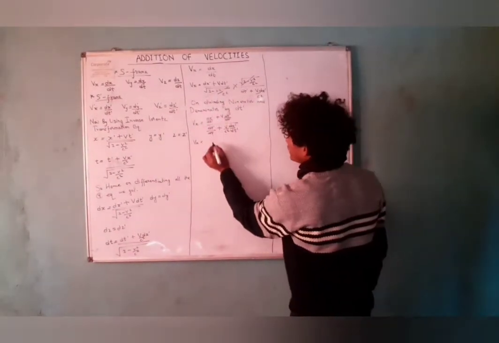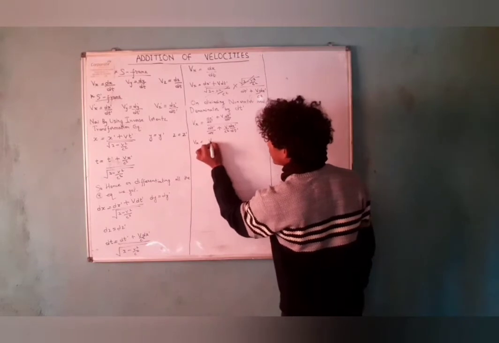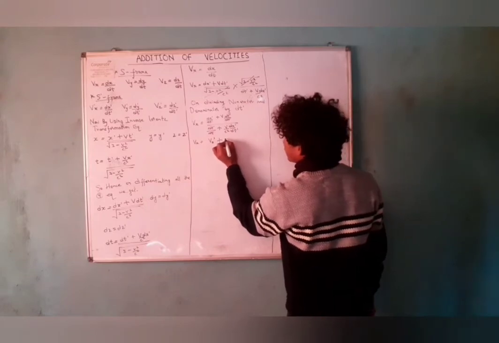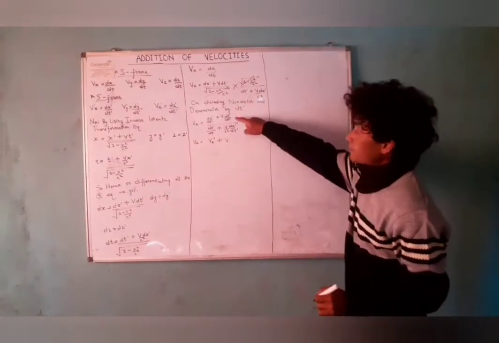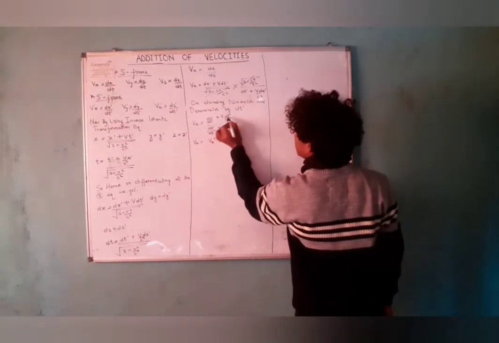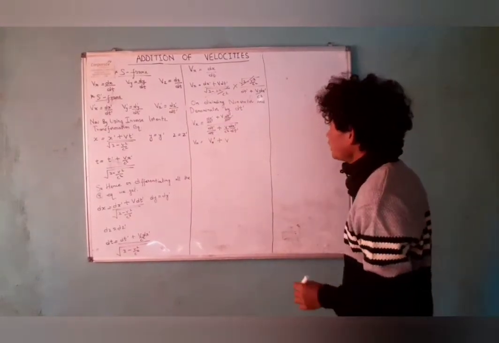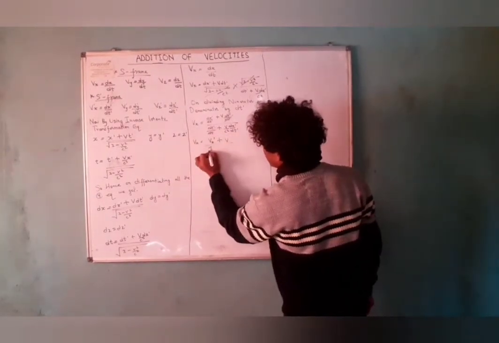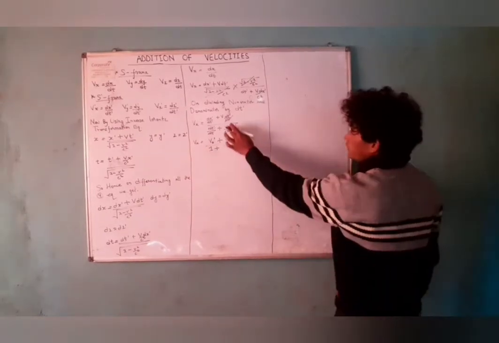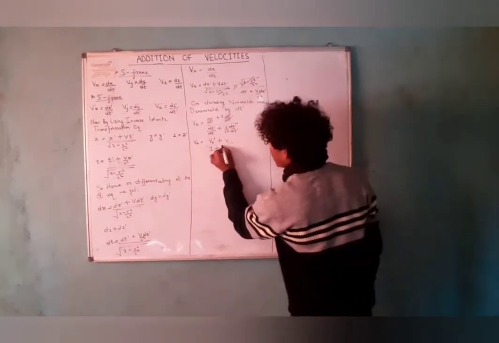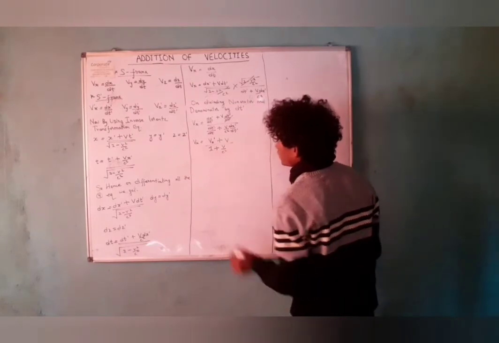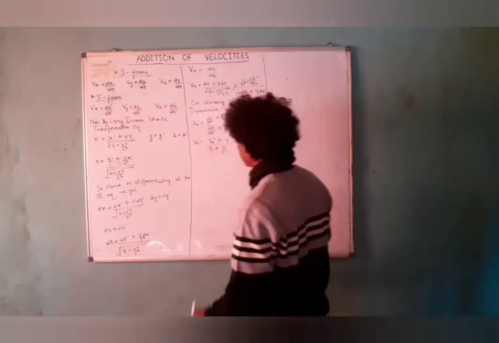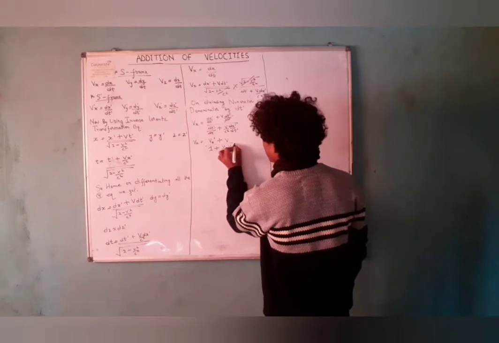So we can write dx prime by dt prime as vx prime plus v, and dt prime and dt prime get cancelled out, and dt prime and dt prime also get cancelled out. So by 1 plus v by c square, dx prime by dt prime, we can also write vx prime.